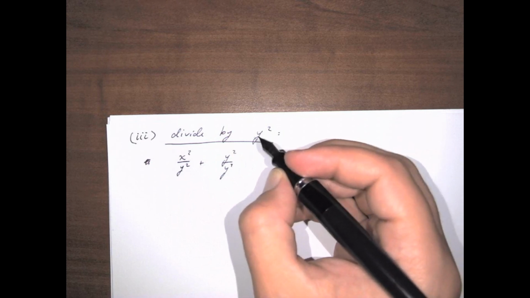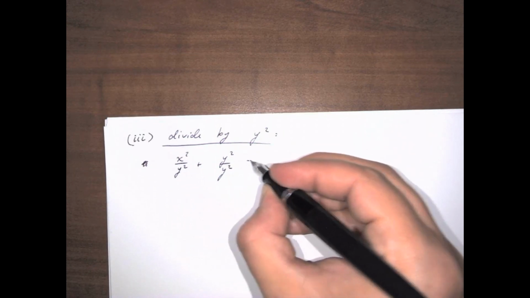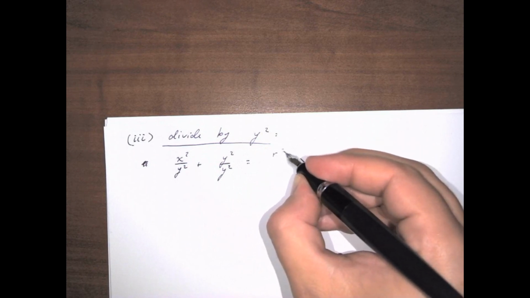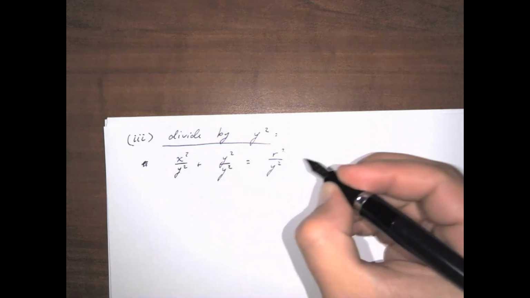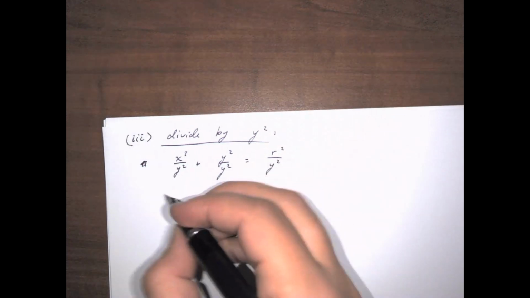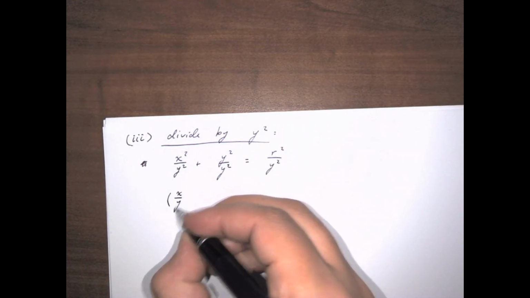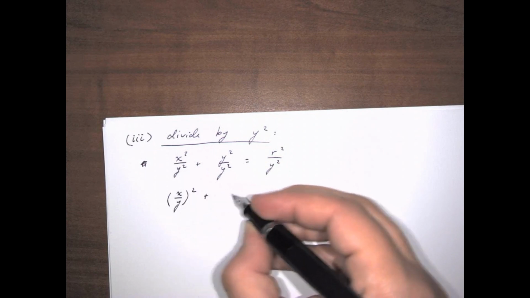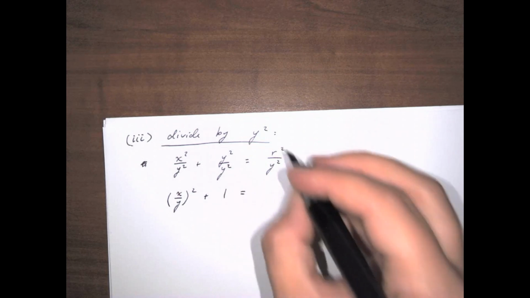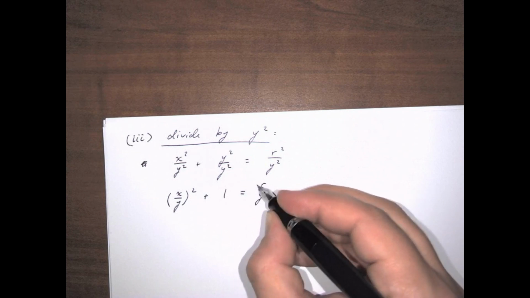So remember our original equation, x squared plus y squared equals r squared. So just give everybody here a denominator of y squared. And then over here we're going to have r squared over y squared. And then what's that going to make? Well, first off, we can rewrite it as x over y all squared plus 1 is equal to r over y, so that's going to be r over y all squared.